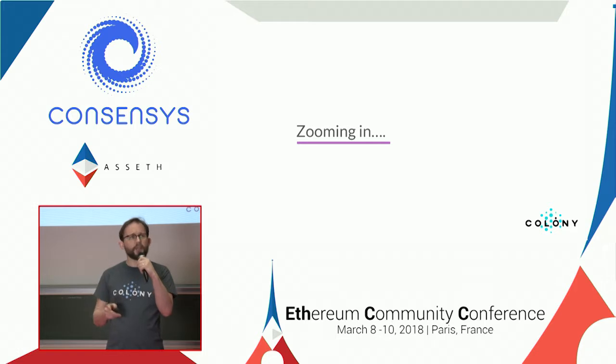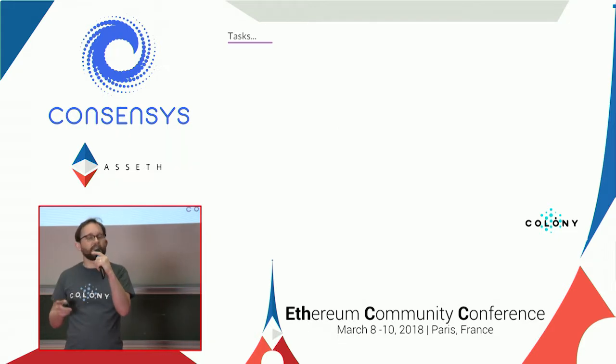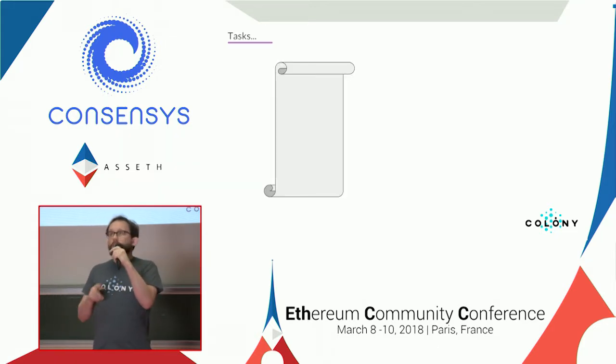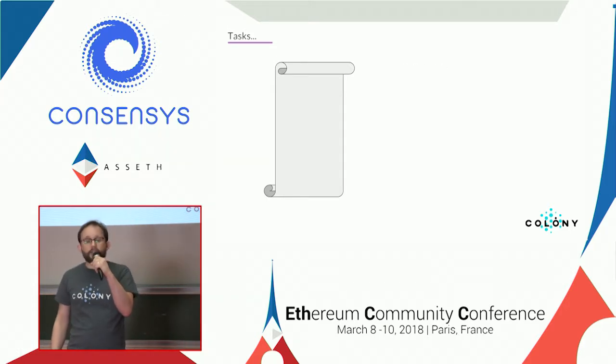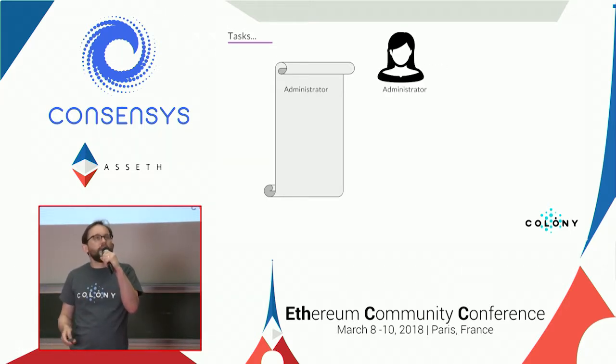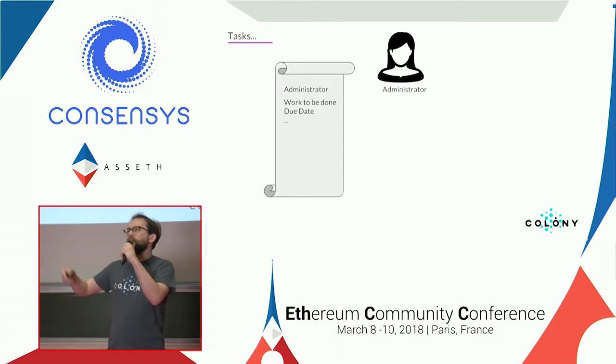Zooming in, the smallest part of a colony, of any collective work project, is the unit of work, a task. This is a task in the colony protocol. A task is a smart contract, and it has several user accounts. It has an administrator, somebody who does administrative managerial duties. It has a description for the work to be done, a due date, and perhaps some metadata.